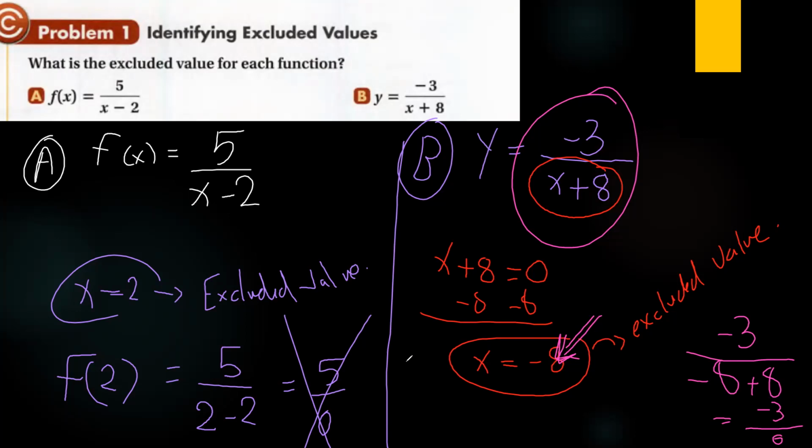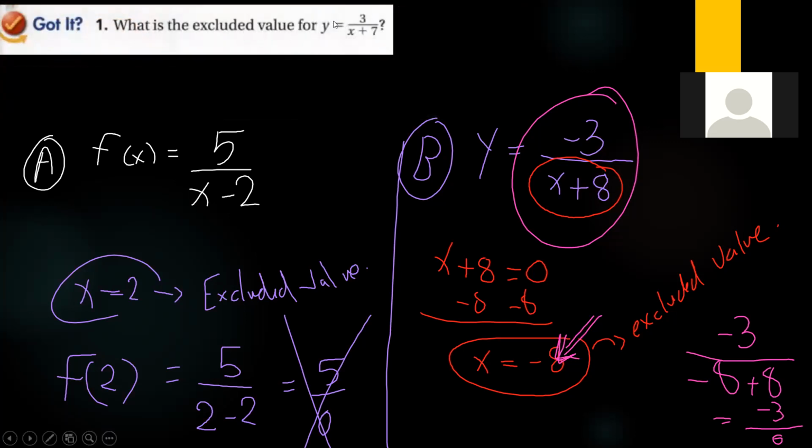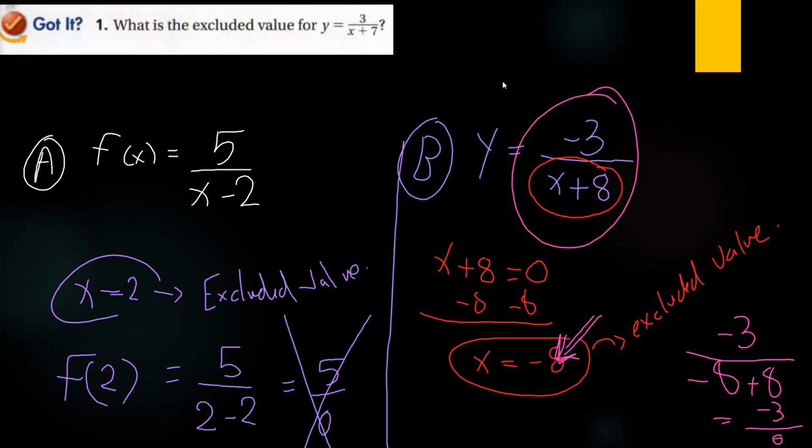Is it clear? Yes, teacher. Let's have these examples now. What is the excluded value for y equals 3 over x plus 7? I need the point that makes it undefined, that means makes it 3 over 0.